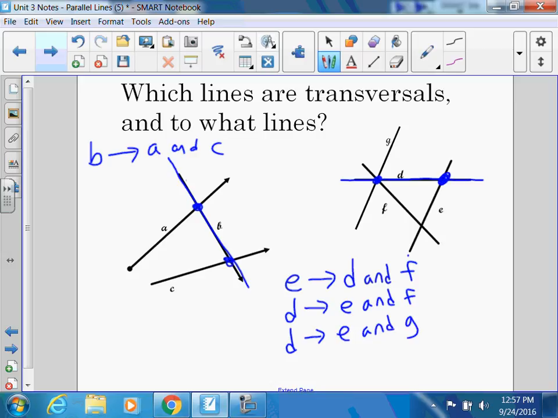D is intersecting E at this point, and it's intersecting G at this point. So you could say that D is a transversal line to both E and F, but then it's also transversal to E and G. Is it fair to say D is a transversal to F and G? So here's D. It's intersecting F at this point, but it's also intersecting G at the same point. So I would say that D is not going to be a transversal to F and G just because it's not intersecting F and G at different points.